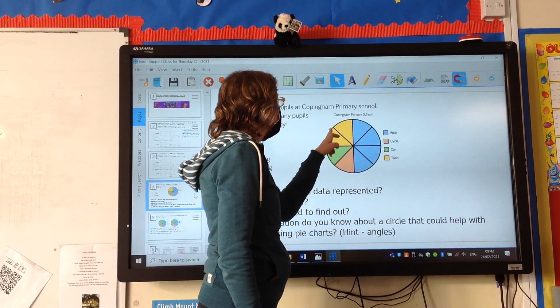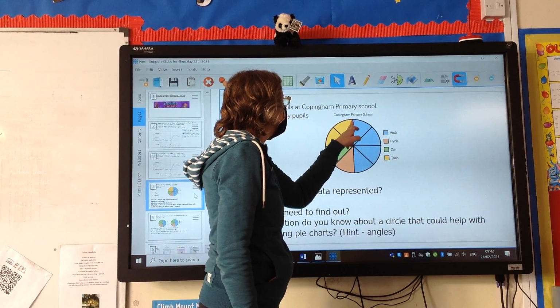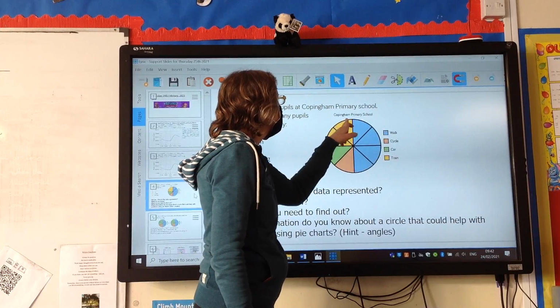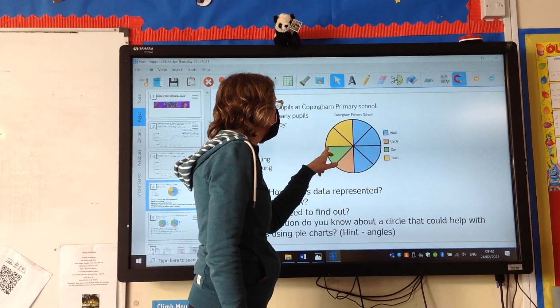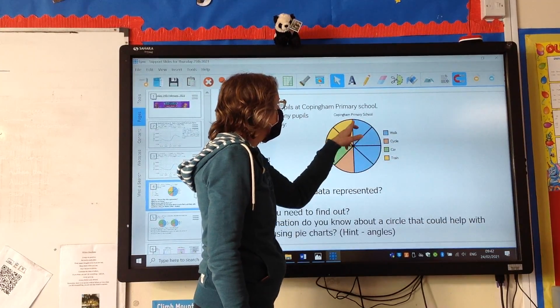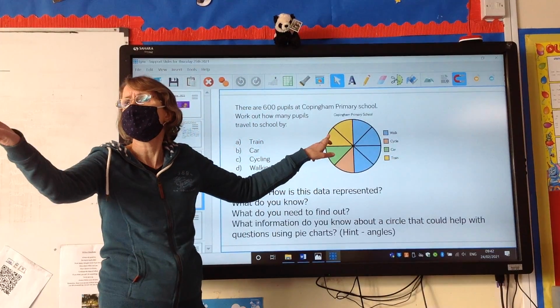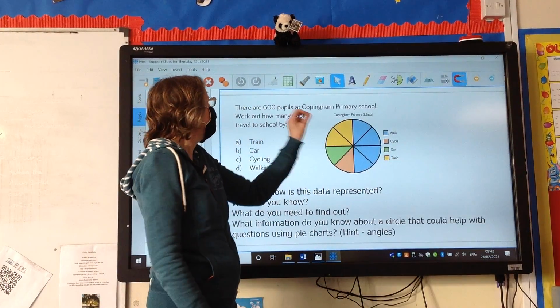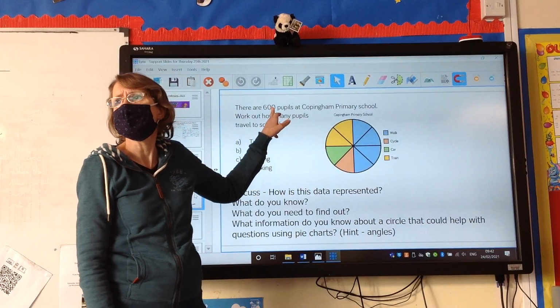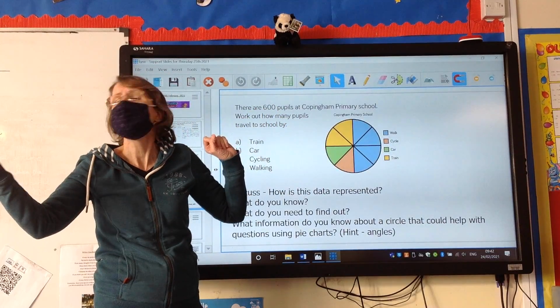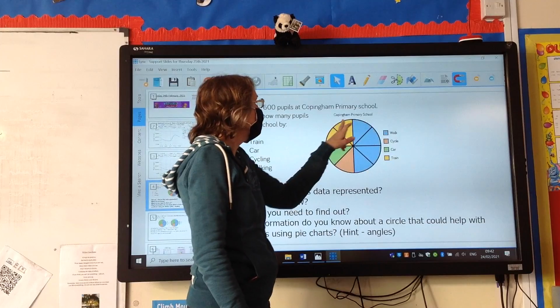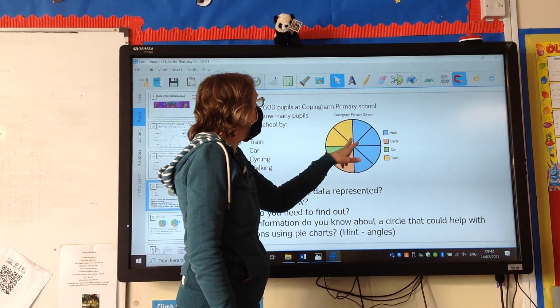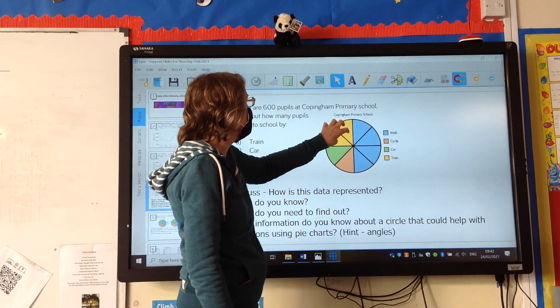Then if you look at train, what can you see about the fraction? We need our fractions again for this. What fraction is coloured in yellow? A quarter. A quarter. What would a quarter of 600 be? 150. 150. So we know that the children who travel by train were 150.